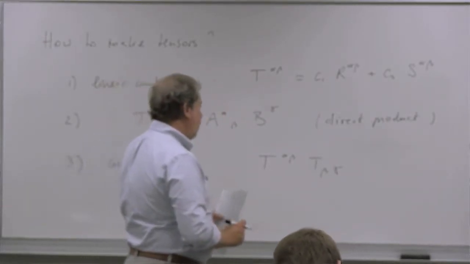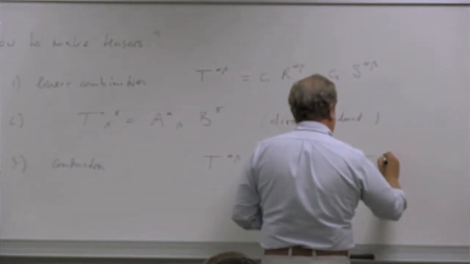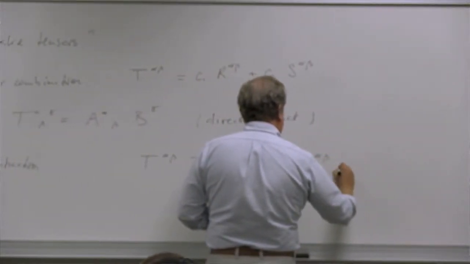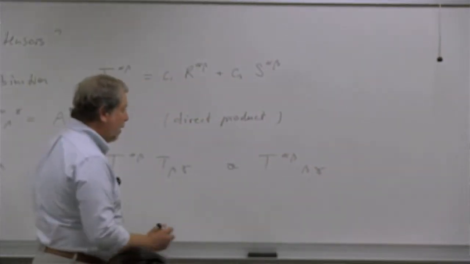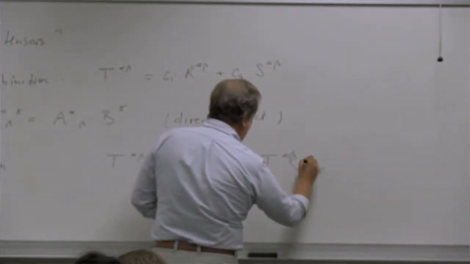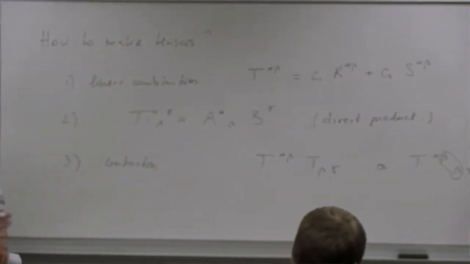And you contract the two together, or you can even take the same tensor, T alpha beta, beta gamma, and do something like this. And again, you sum over two indices, and those indices then disappear.